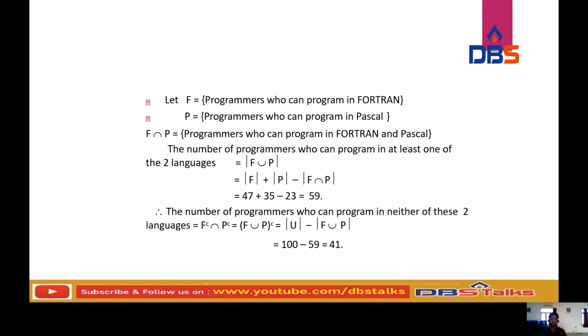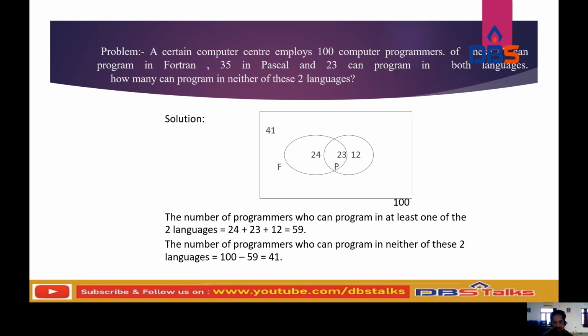The number who can program in neither is F complement intersection P complement, which equals F union P whole complement, which equals the modulus of U minus F union P, that equals 100 minus 59, equal to 41. This is 41.